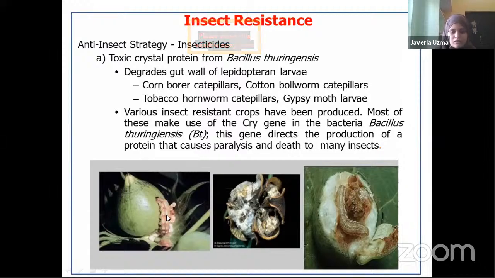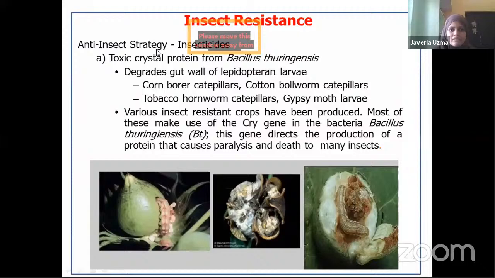So whenever this caterpillar goes and feeds on the fruit of cotton, because of the resistant gene present here, the metabolism of this insect gets damaged. Whenever it feeds on this fruit, the gene synthesizes a protein, and this protein will damage the gut or intestine system of this insect, and that insect will die.